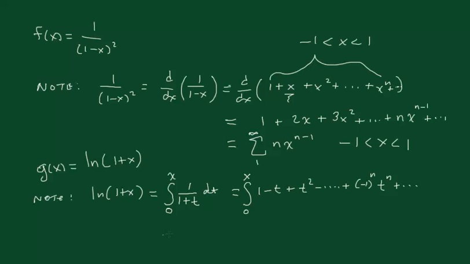Now, I want to be careful with my notation, so I'm going to employ the fundamental theorem of calculus. First, I'm going to take the integral of each term, term by term. So this is t minus t squared over 2 plus t to the third over 3 minus ... plus negative 1 to the n, t to the n plus 1 over n plus 1 plus ... And we're going to take that from 0 to x.